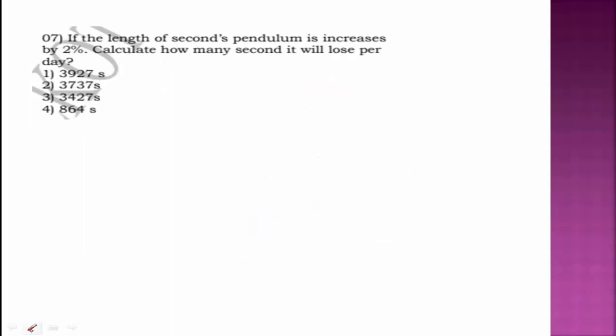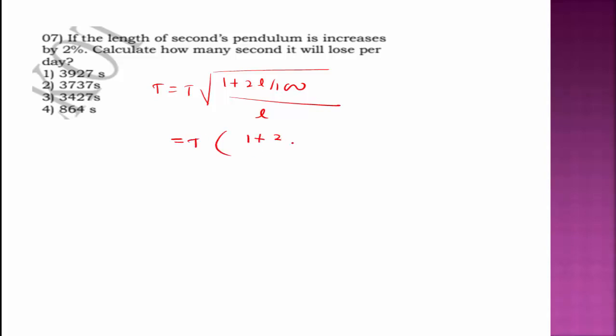The next question is, if the length of the second pendulum is increased by 2%, calculate how many seconds it will lose per day. Here, if the length of the second pendulum is increased by 2%, we know the formula, T' is equal to T into root of (L plus 2L divided by 100) divided by L. Now substitute the values, T into (1 plus 2 divided by 100) to the power of 1 by 2.